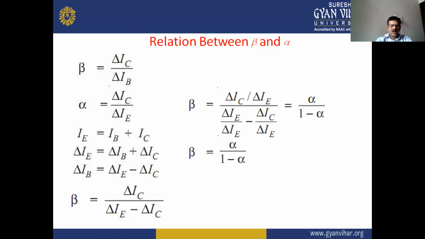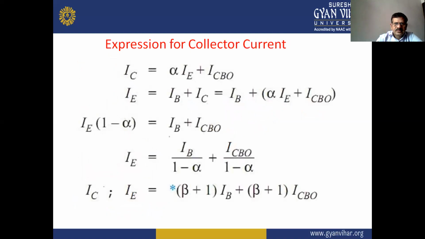So beta equals the change in IC upon the change in IE minus the change in IC. So we can find beta in the form of alpha. This is the relation between beta and alpha: beta equals alpha upon 1 minus alpha.